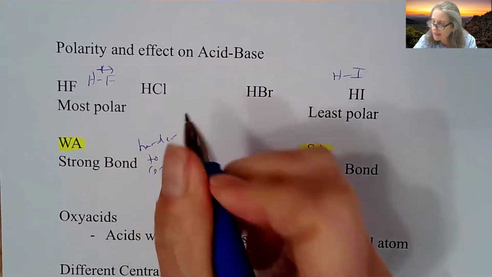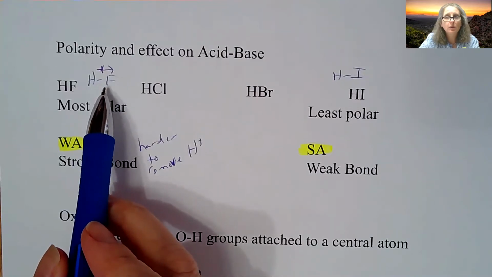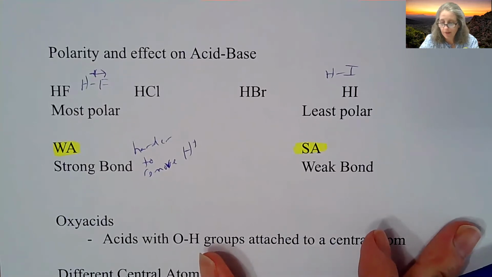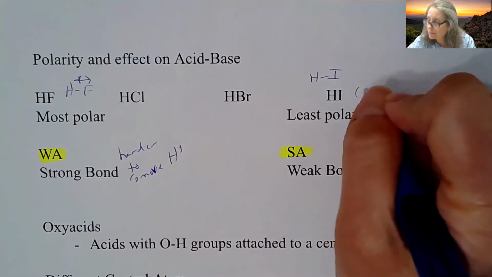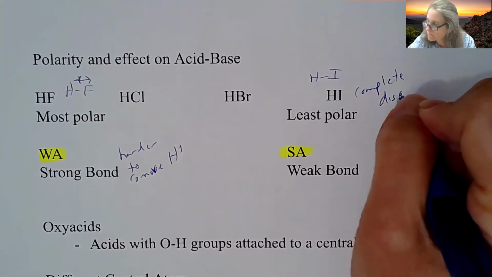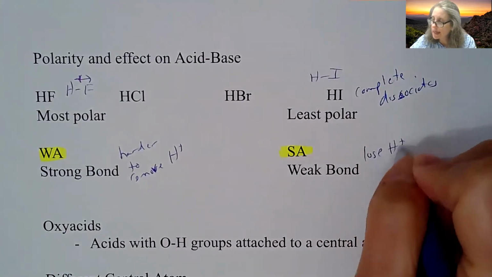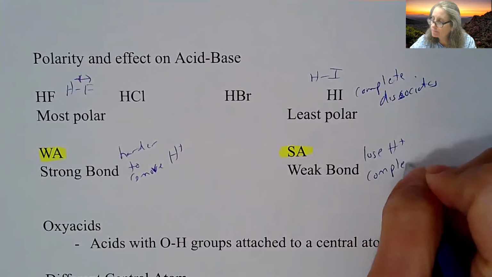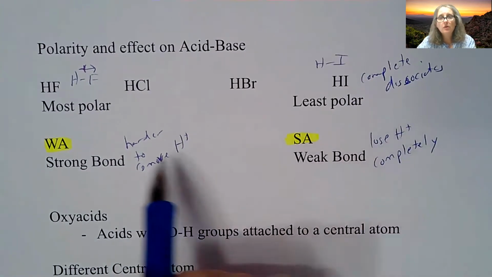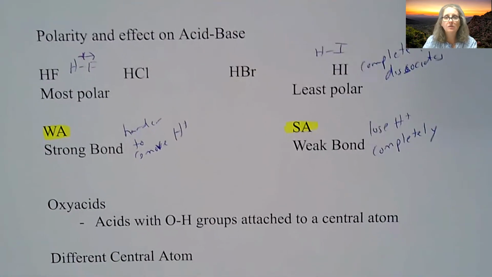Because it is tied into that F minus, that electron is much closer to the fluorine than it is to the H. So it doesn't really want to pop off, while HI completely dissociates, so it wants to lose the H plus completely. So you can look at polarity to figure out how strong of an acid it's going to be.